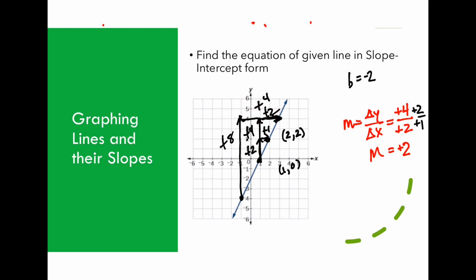So 8 divided by 4, +8 over +4. Again, 2. All of these going from one point on the line to another point tell me that my slope is 2. Plugging that into my slope-intercept form of the linear equation, we see that the equation for this line is y equals 2x plus 1.